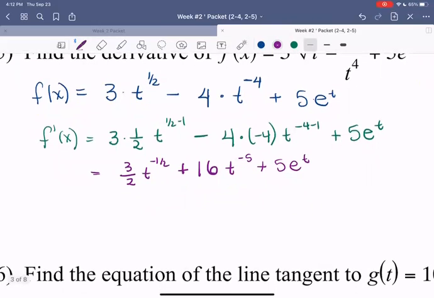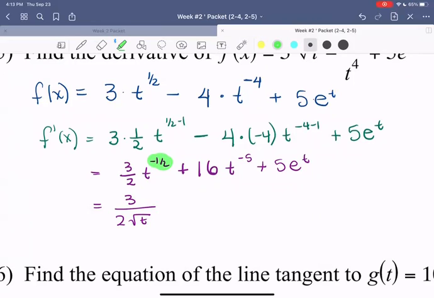Typically at this point, we want to rewrite the derivative function without negative or fractional exponents, converting it back to the form that we already saw it in. So this would become 3 over 2 root t. Recall that if we have a negative exponent, in order to make that exponent positive, we bring that term to the opposite side, the denominator or the numerator, whichever side it's currently on.